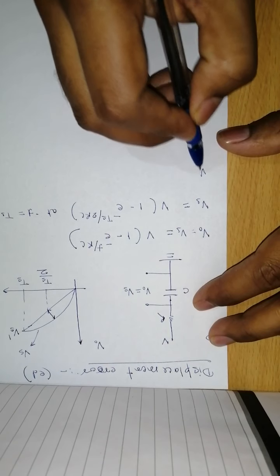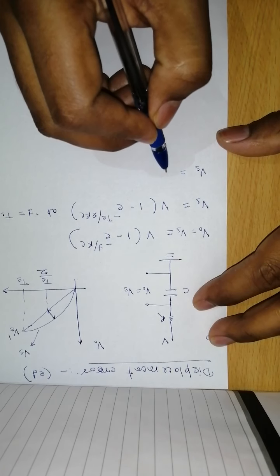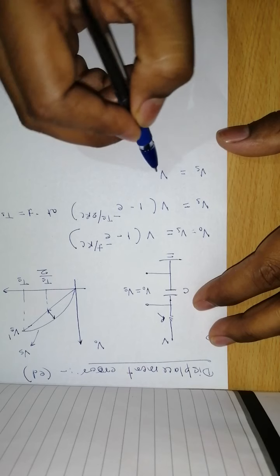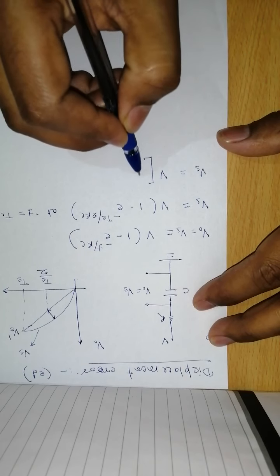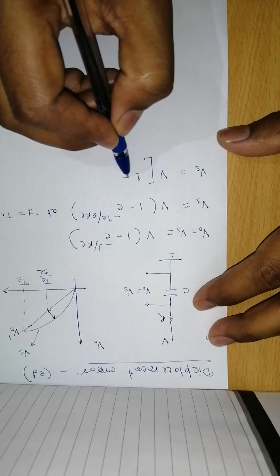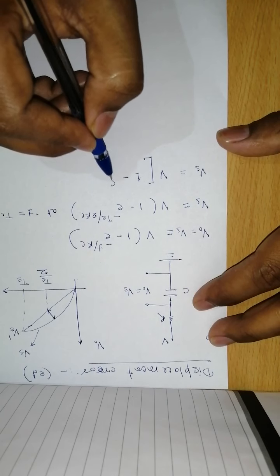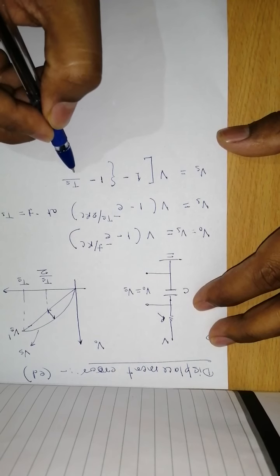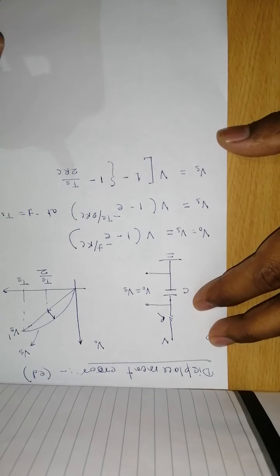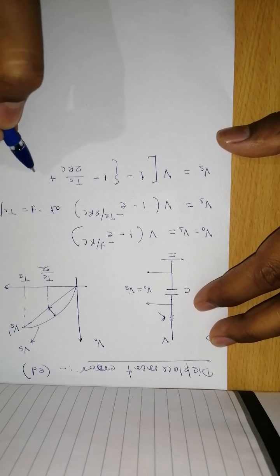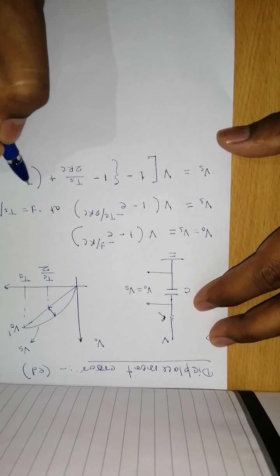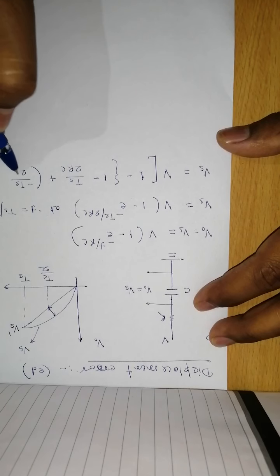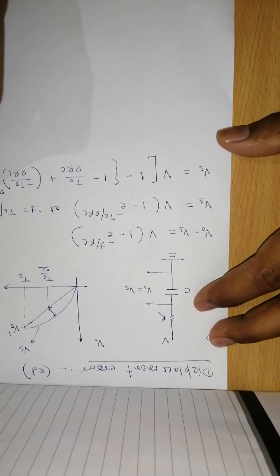Now if we are interested in expanding this series, how can we write it? This is the voltage V, times 1 minus the expansion: 1 minus Ts by twice RC, then plus the square of minus Ts by twice RC divided by factorial 2, and so on.